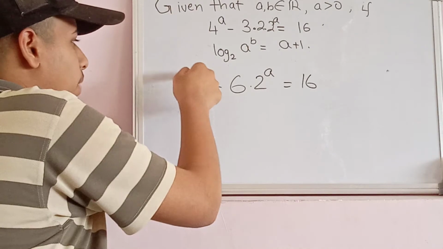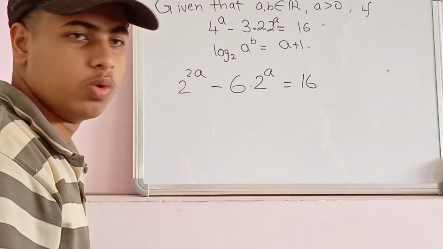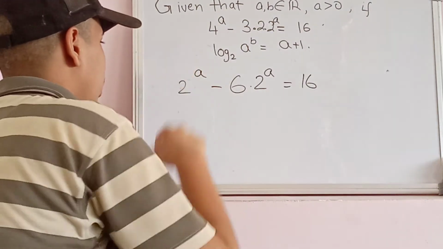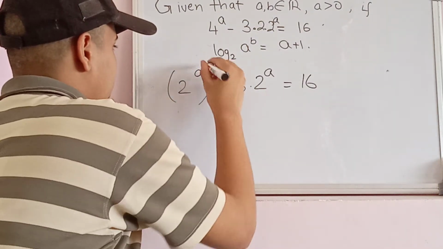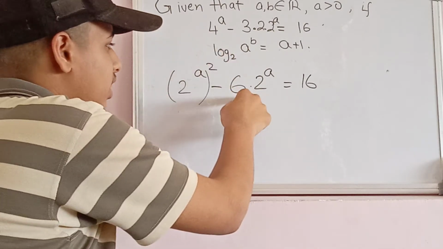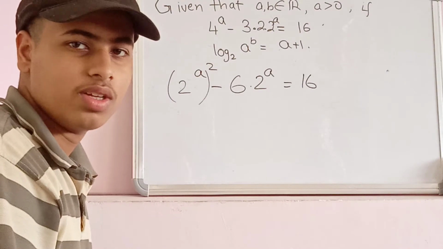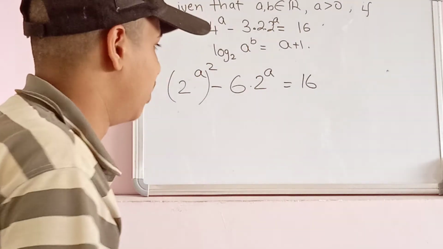Well, 2 to the power a raised to the power 2 is the same thing as 2 raised to the power 2a. So we can write this somewhat like this, and we have something squared minus 6 times that something is equal to 16. What is that? Well, that's a quadratic equation.